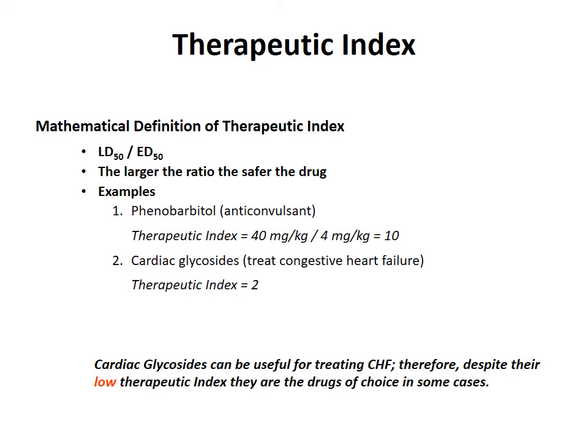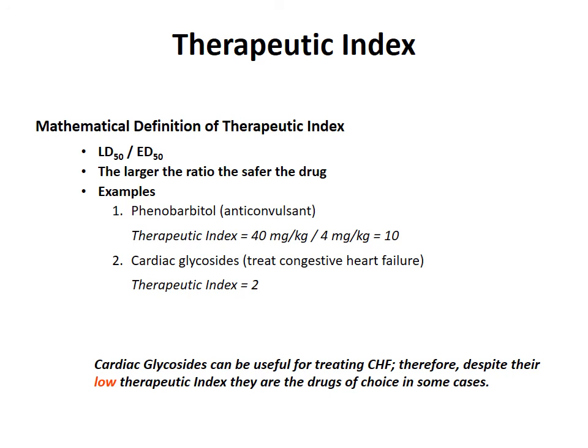So an example is phenobarbital. That is a sedative. Sometimes actually, barbiturates can be used to induce a coma, if someone had any kind of brain or head trauma. The therapeutic index is about 10. That's really not great. It's nowhere near as good as like an antibiotic, but it's okay.